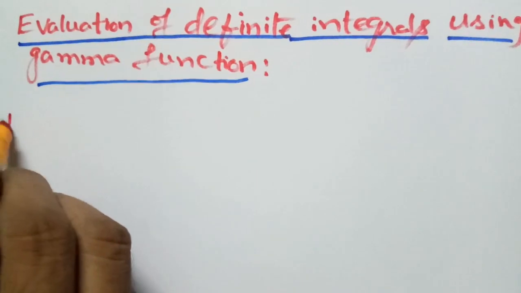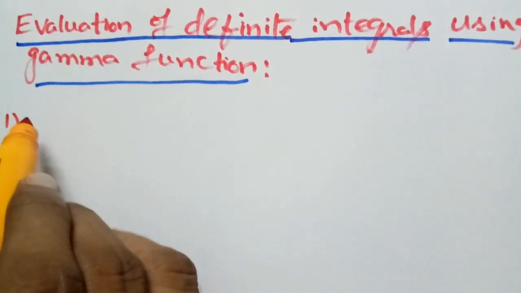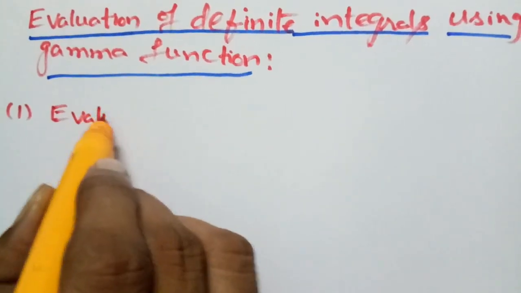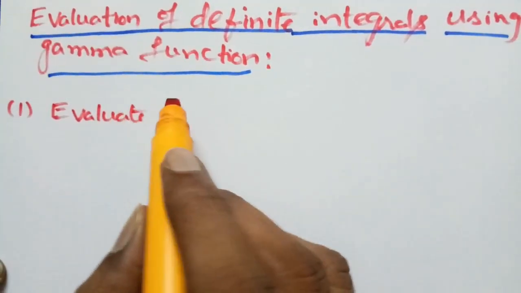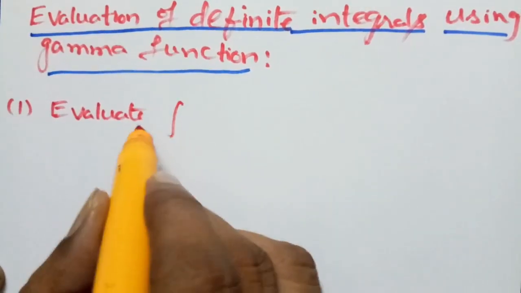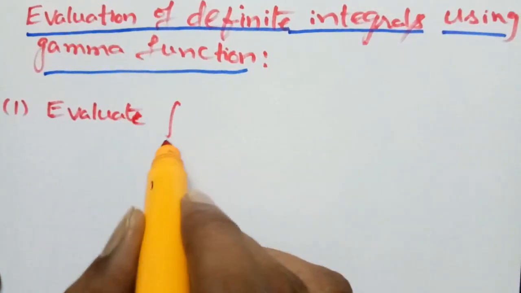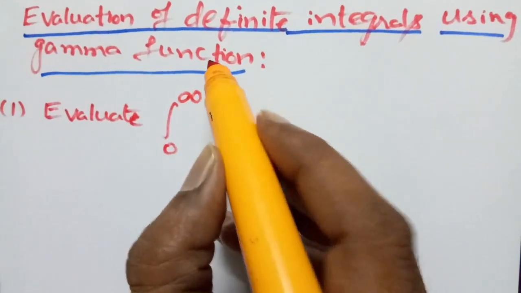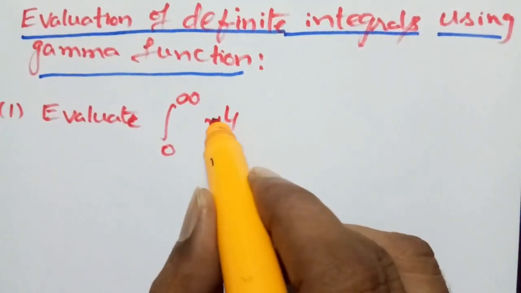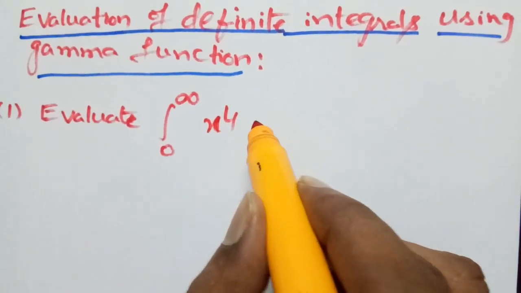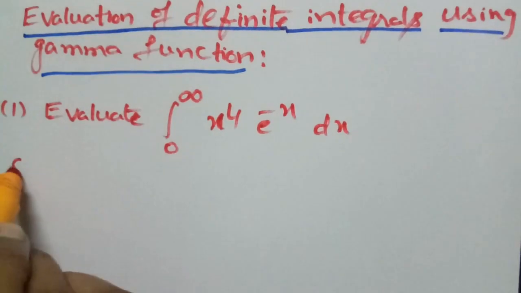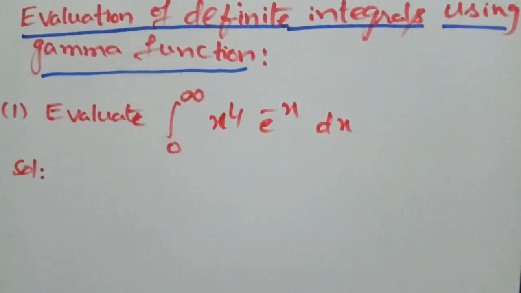Problem number 1. Evaluate integral 0 to infinity x power 4 e to the power of minus x dx.